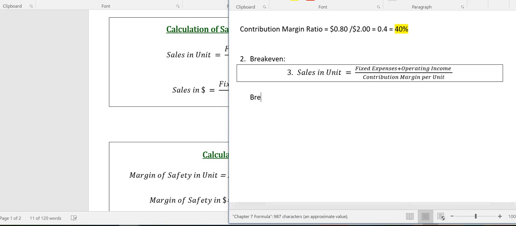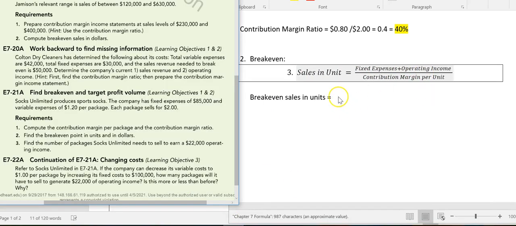So that means break-even sales in units, our top part will be fixed expenses plus operating income, and your bottom part or denominator will be contribution margin per unit. So it's given here, fixed expense is $85,000. Operating income, you could remember that at break-even our operating income is 0, so we will plug in 0 here.